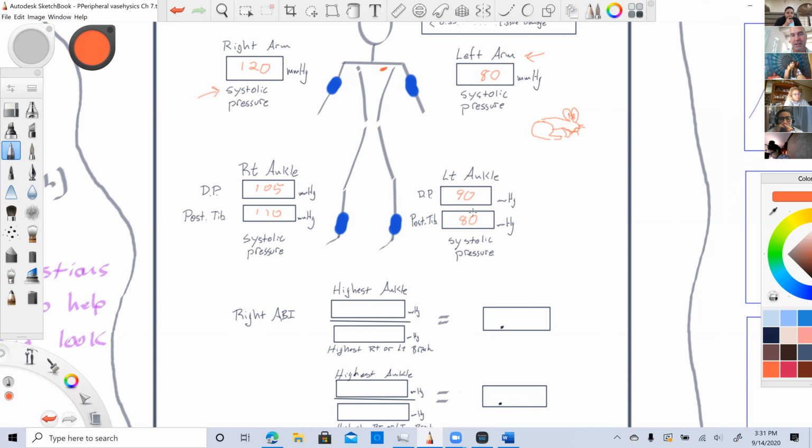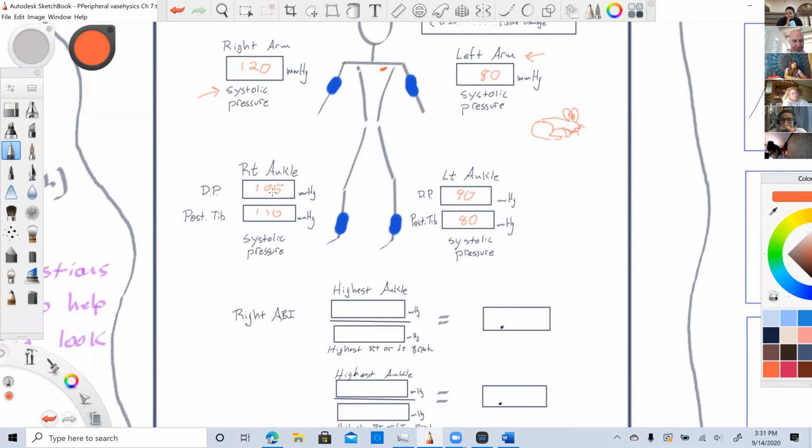We'll say that too is an 80. Okay, so if we're just looking at this alone, we might have some plaque up in the left subclavian artery, but now it looks like we may have plaque somewhere else. Between 120 and 105, probably not bad. It's probably within normal.